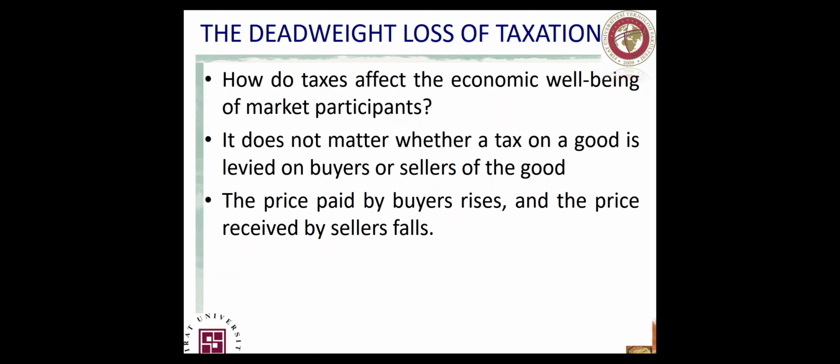Because both buyers and sellers share the burden of the tax, which works exactly as a wedge between the buyers and sellers. So both of their benefits from participating in the market will be reduced, and today we will explore it in detail.